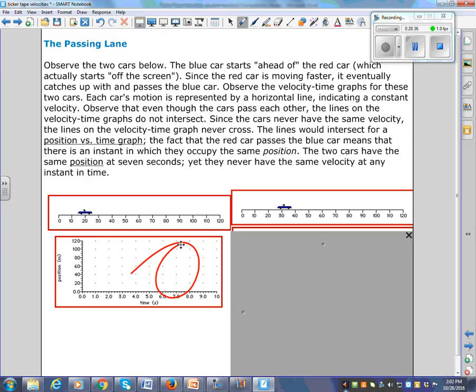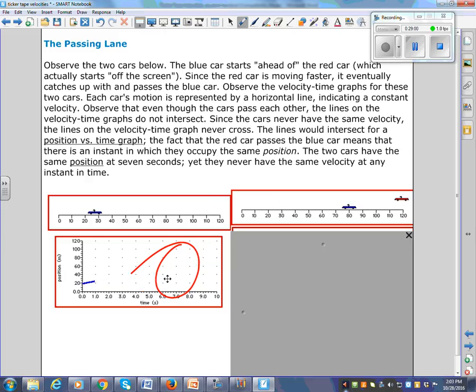Would you agree that's when the positions are the same? Okay. 7.0. Please keep that in mind for grade 12. The red car catches the blue car when the positions are the same. That's first unit, grade 12.